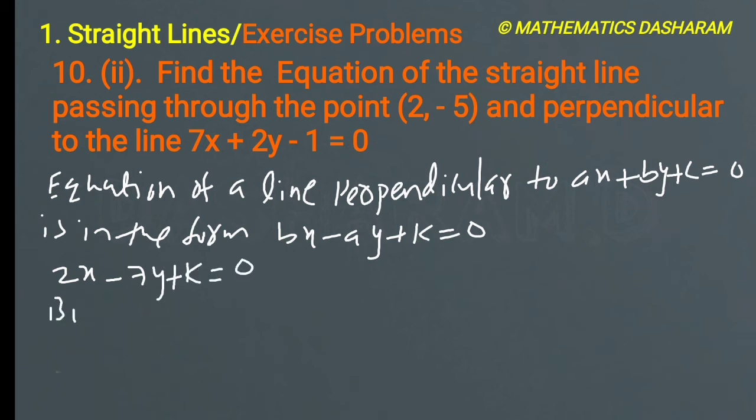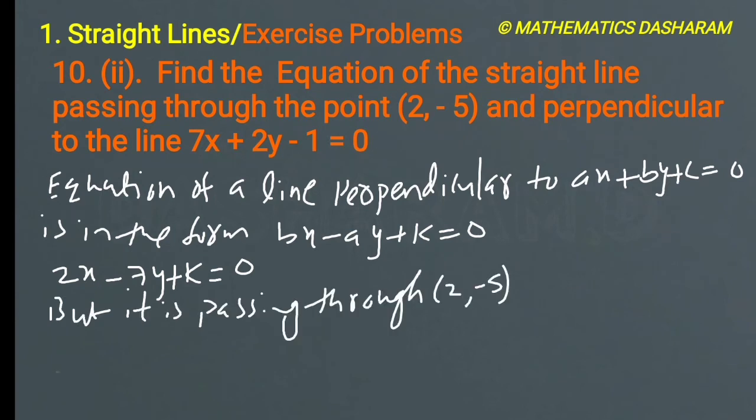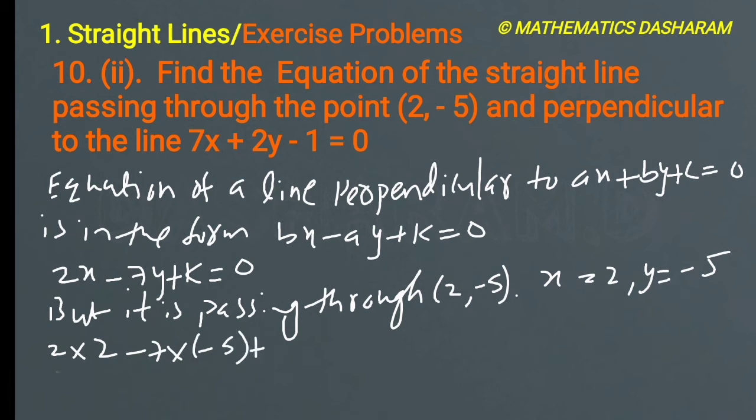But it is passing through a point 2 comma minus 5. So then substitute x equals 2 and y equals minus 5. So 2 into x value 2 minus 7 into y value minus 5 plus k equals 0. So 2 2s are 4, minus 7 into minus 5 is plus 35, plus k equals 0.